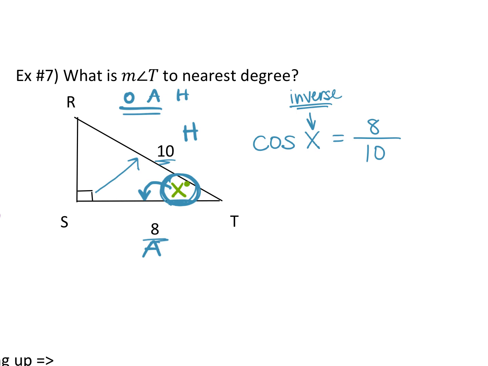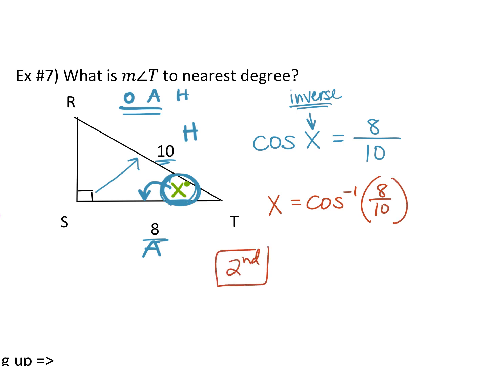Whatever comes after the trig, sine, cosine, or tangent, if you're solving for the angle, you have to use the inverse. So basically you're taking the inverse cosine of your ratio, 8 over 10. You hit second, then cosine, then 8 divided by 10, and then hit enter.